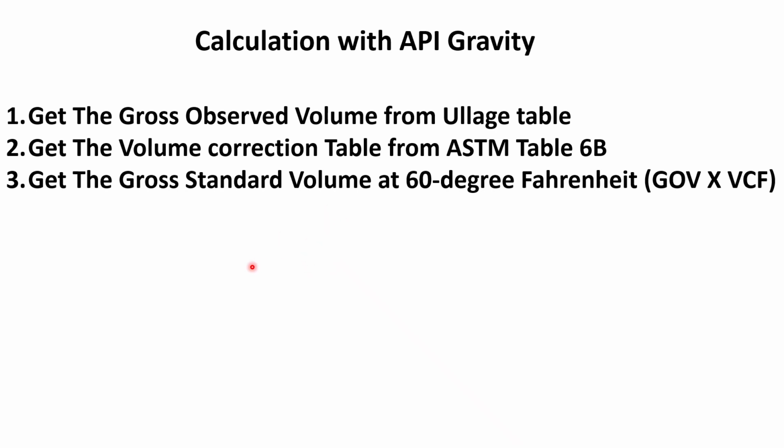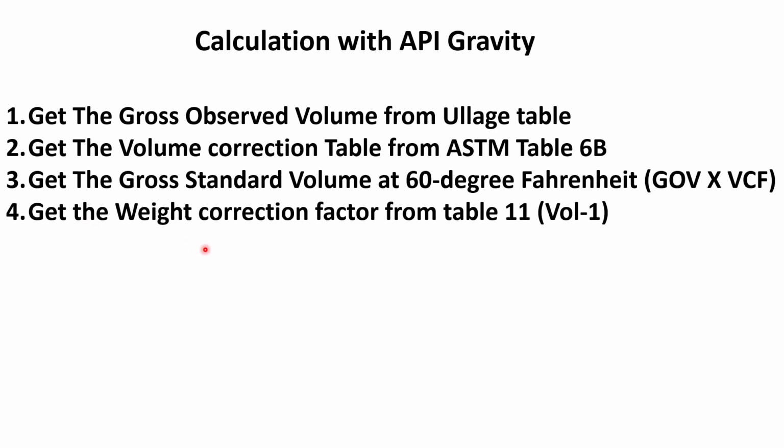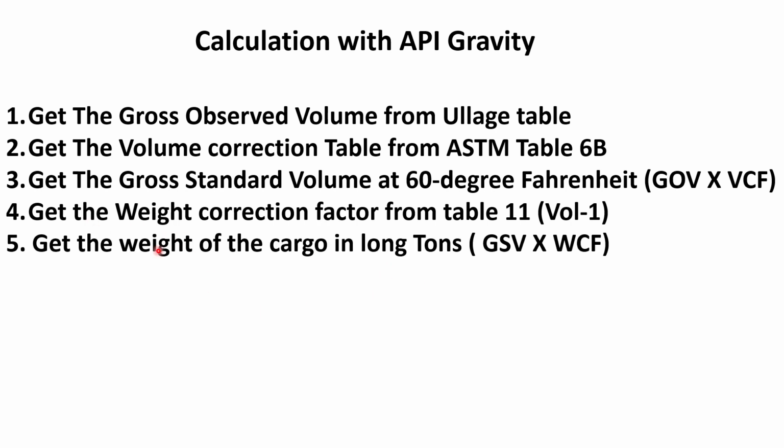I want you to write down this pro forma so that it will help you to get your calculation done. Then you get the weight correction factor from table 11, and once you get it, you multiply that with the gross standard volume and get the weight of the cargo in long tons.